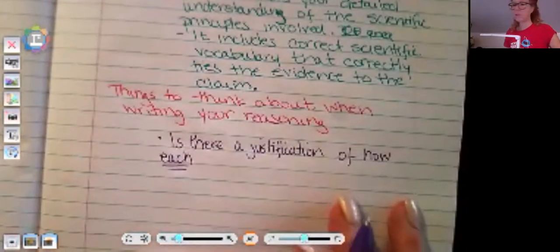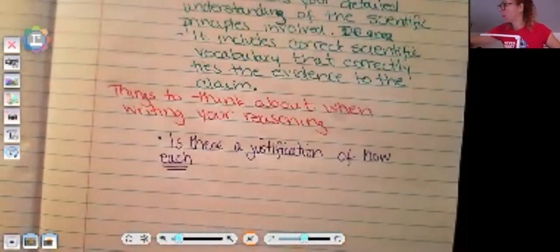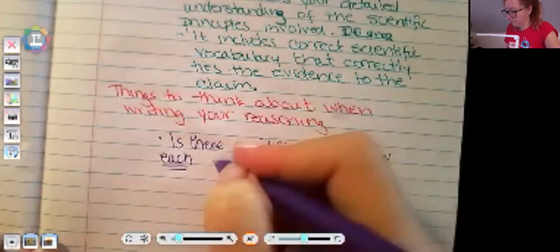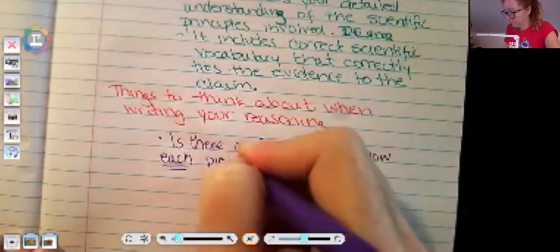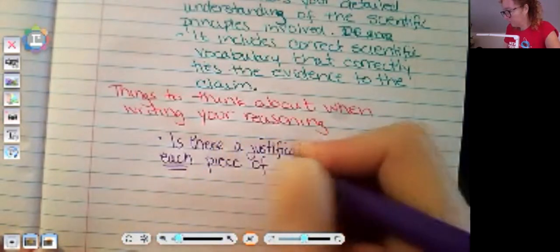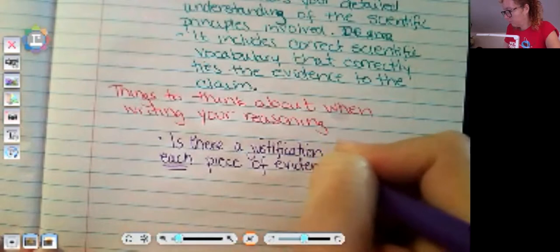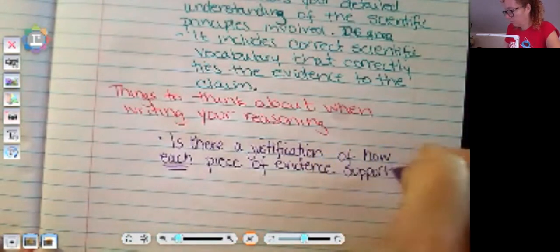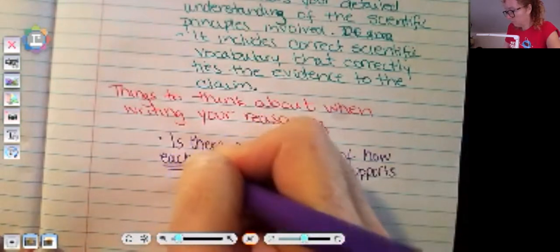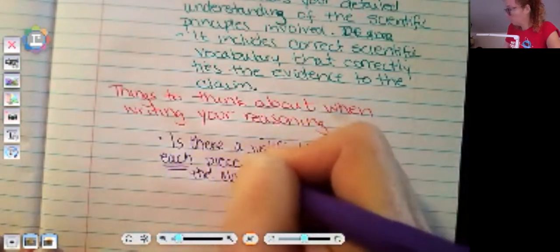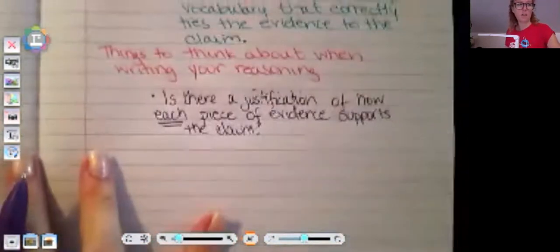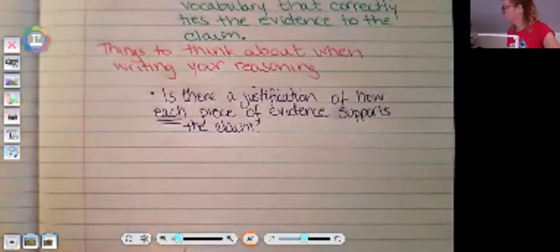So is there a justification for how each piece of evidence supports the claim? So make sure that you have justification for each piece of evidence.